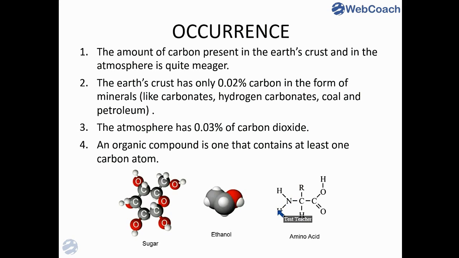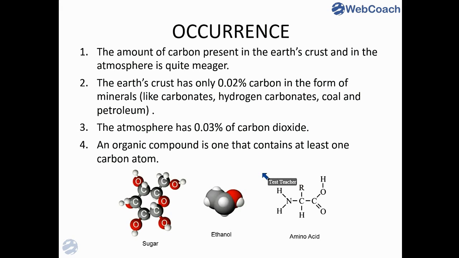Right? So these are some of the compounds in which carbon is there, and these compounds are present everywhere. You see sugar, alcohol, and amino acids, which are building blocks of protein. Also you have fats, which store energy for us.